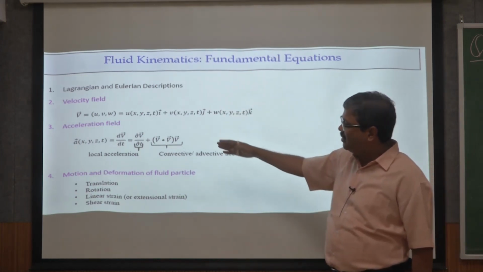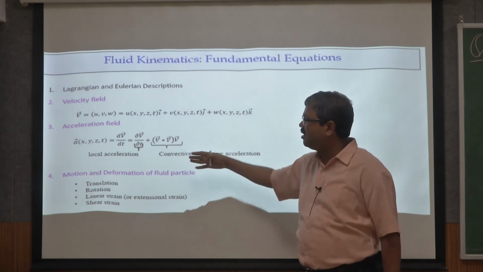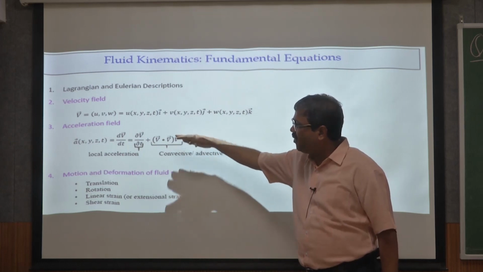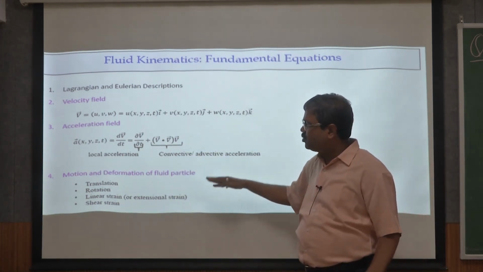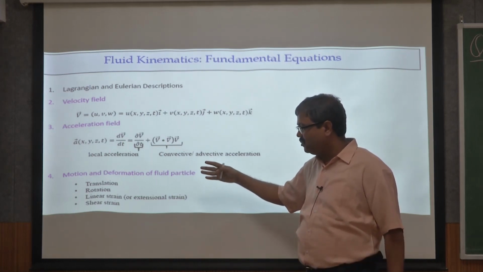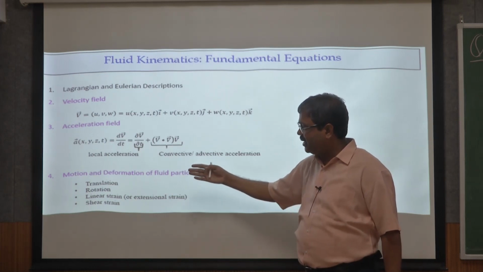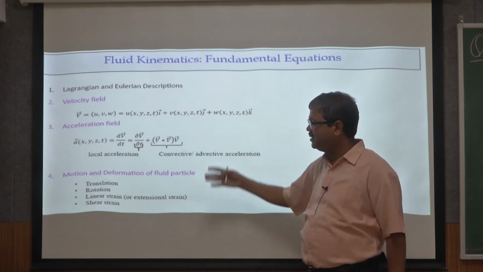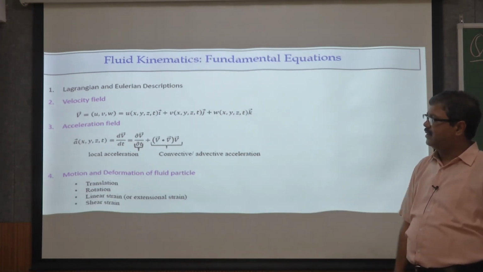Similarly, the rate of change of velocity is the acceleration, which we can define in terms of local acceleration and convective acceleration terms. Similarly, the motion of fluid particles can have four types of motion and deformation: translation, rotation, linear strain and shear strain. We discussed these in more detail in the last class.